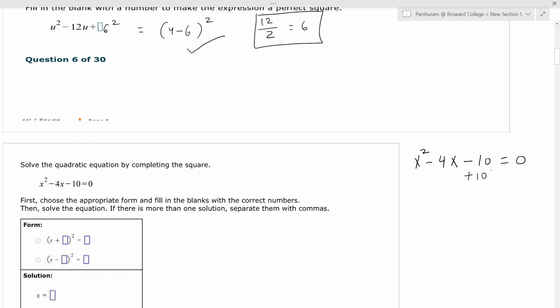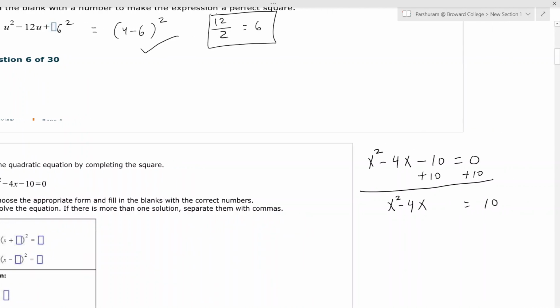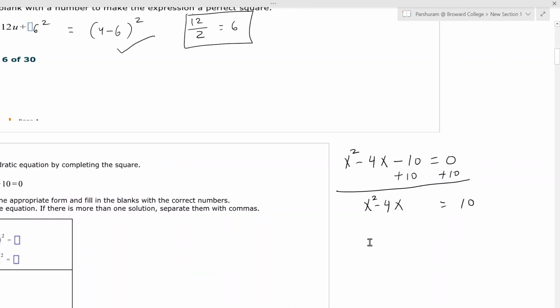So here we just have to add 10 to both sides, so that it will give us x squared minus 4x equals 10. And we are completing the square, so on the left side we have to complete the square the way we did in problem 5. We have to add something on the left side to make it a complete square. In this case, the something is the square of half of 4, which is actually 2 squared.